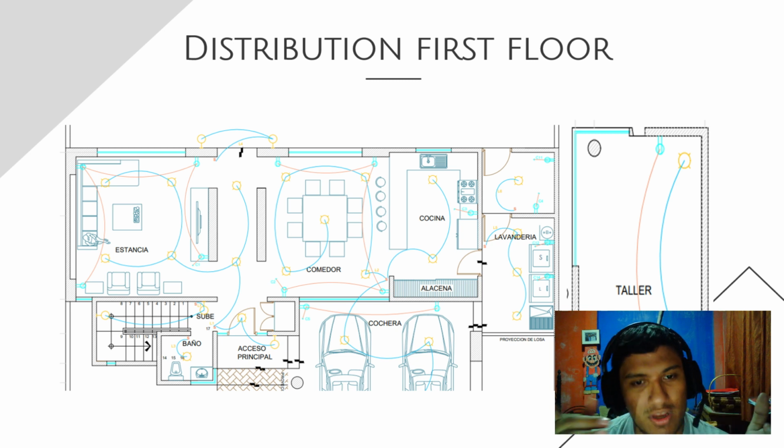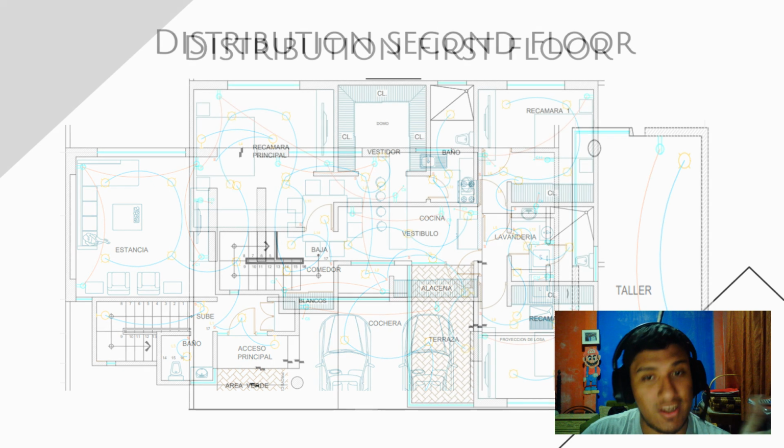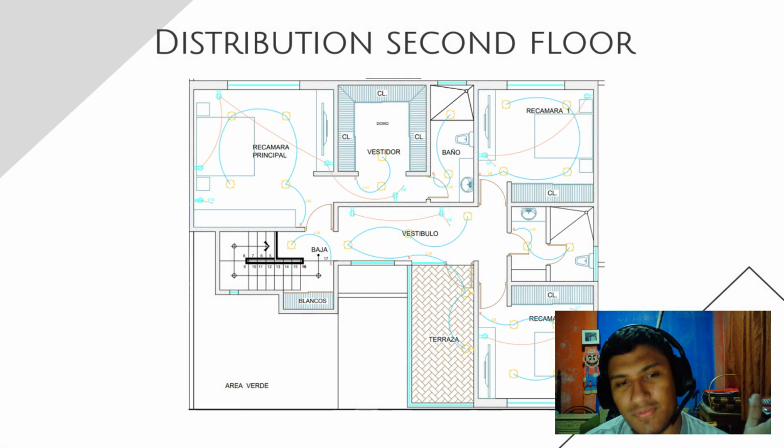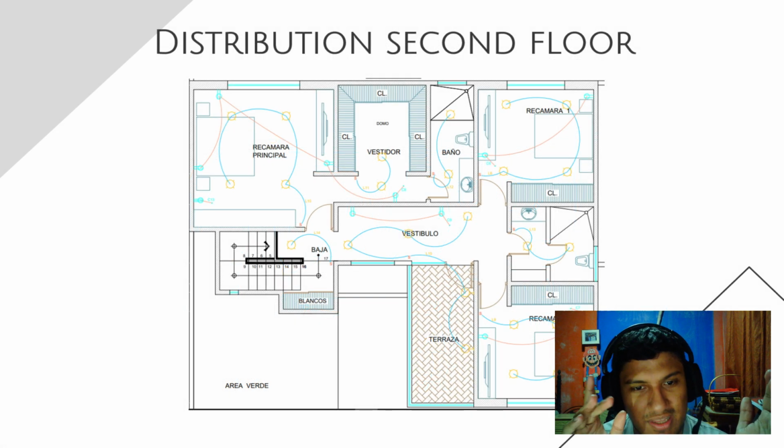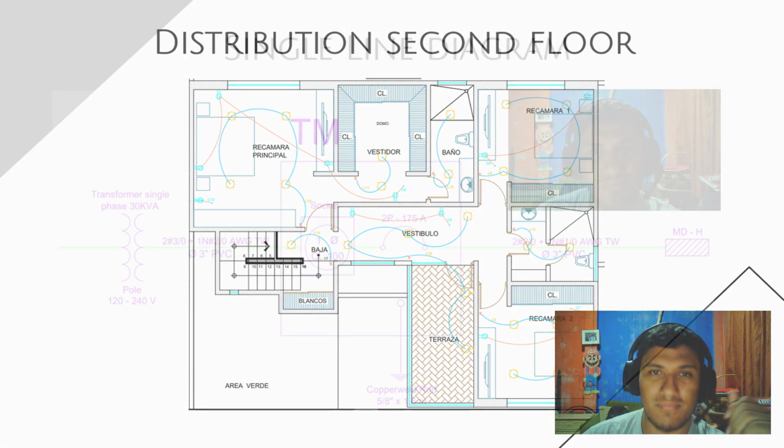Other than that, we have the rest of the first floor: the garage, the laundry room, the pump room, the kitchen, among other parts of the house. Next we have the second floor, which like the first floor has nothing very special among the connections, except the special ones, like the air conditioner in the main bedroom.